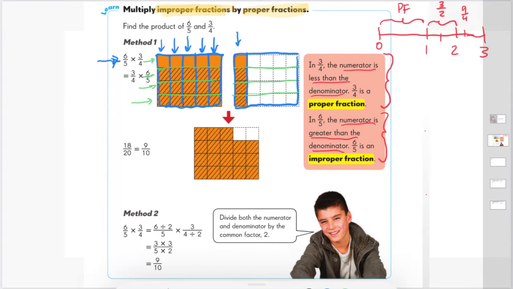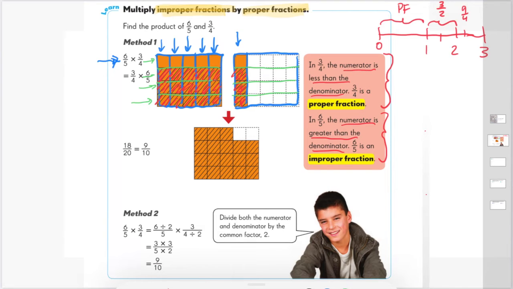Now if we shade in where they intersect, here's 1/4 where they intersect, 2/4, 3/4. So it's 3/4 of 6/5. Now we have the intersecting parts of taking 3/4 of 6/5.